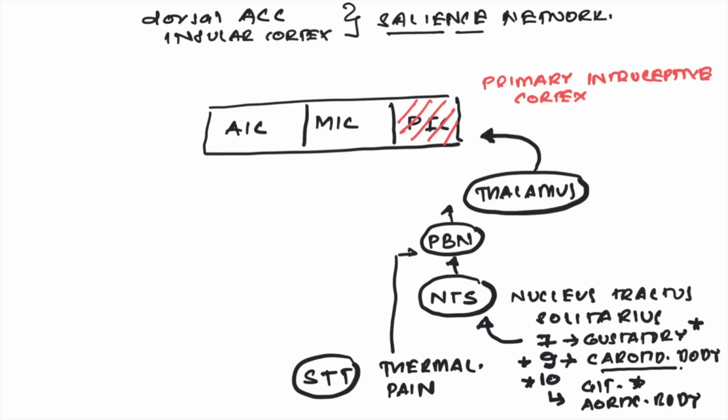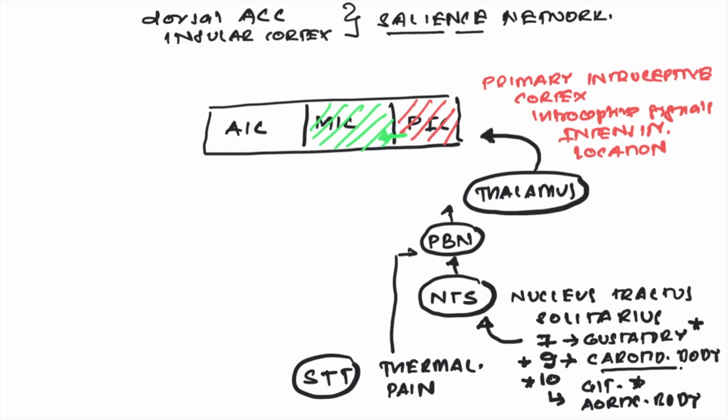So it's going to perceive the interoceptive signals, both the intensity of the signal as well as the location. That's it. Its function is perception. It will then transmit this particular information forward to the middle insular cortex.